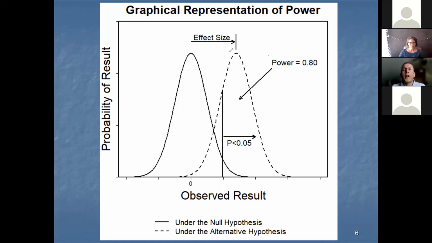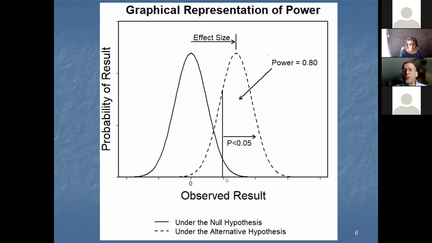Now, one other thing that I can mention here, and maybe it's a little bit easier to see, is this effect size. What I just illustrated was the impact of changing the variability. We can also think about what happens if I change the effect size. Okay, so if I make the effect size bigger, what I'm doing is taking those distributions and spreading them out even more.